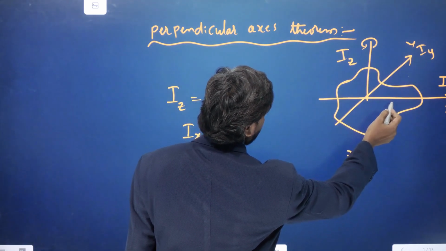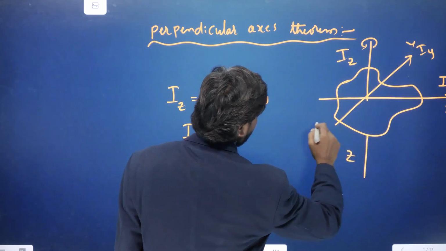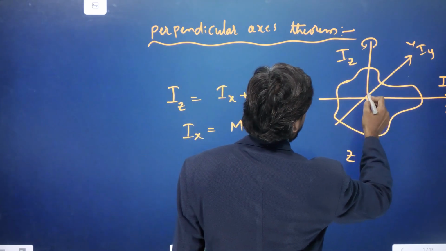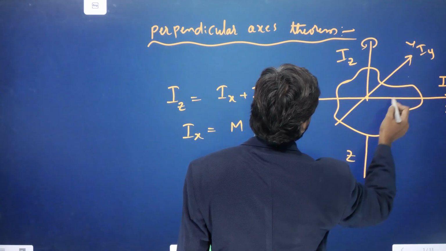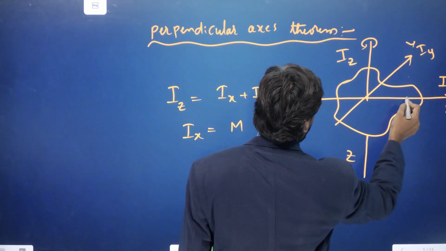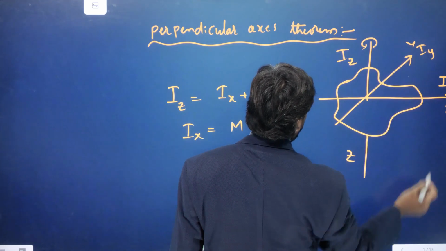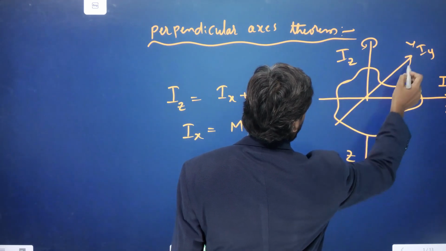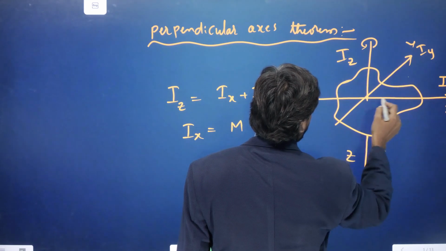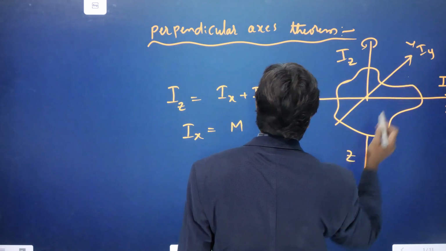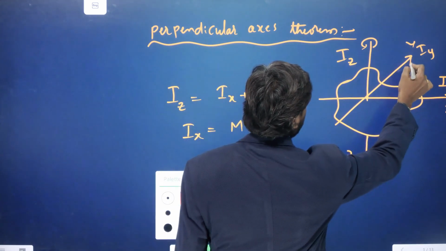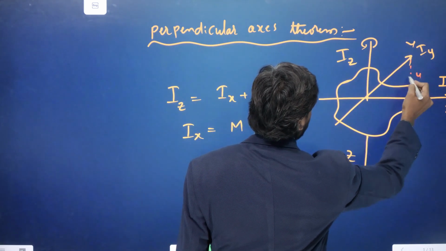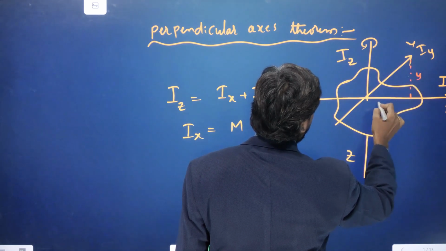Let us consider the distance from here. Consider a particle at a distance from here to here; this is the y coordinate, and this is the x coordinate.